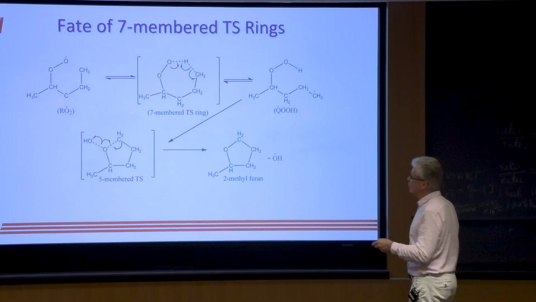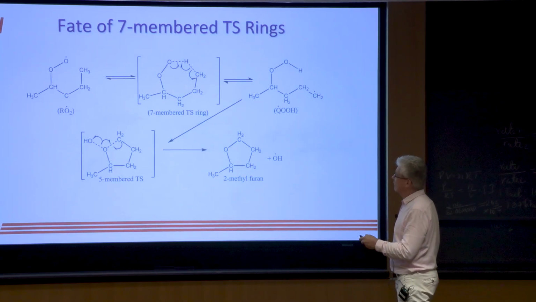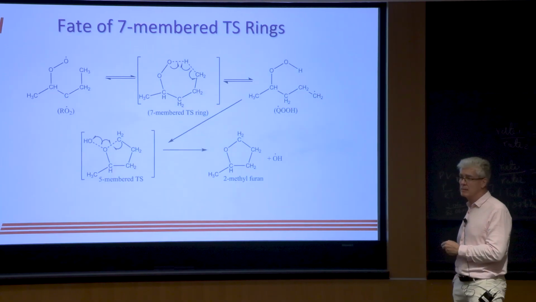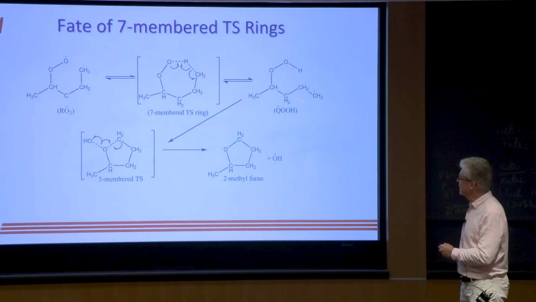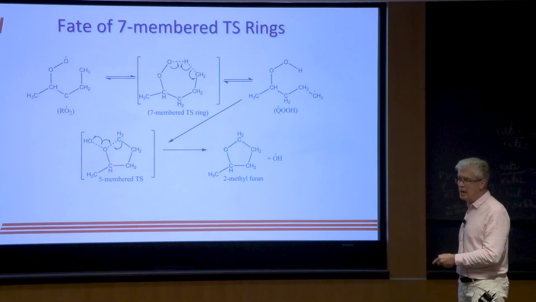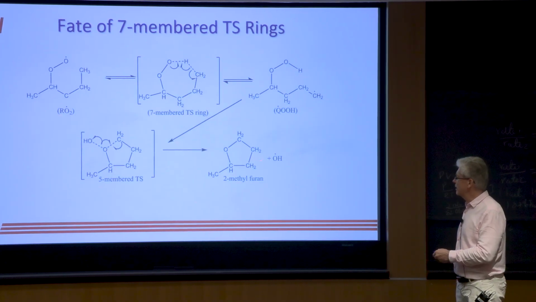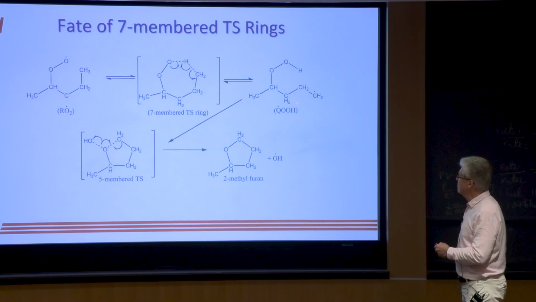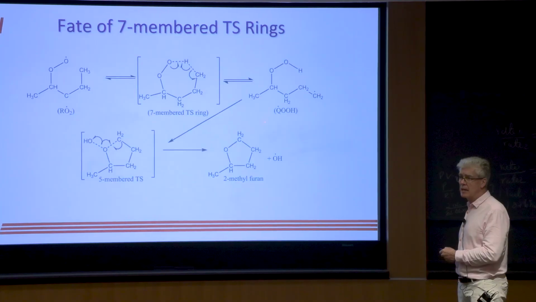And then 7-membered rings, you have the 7-member transition state ring. Again, you get the hydroperoxy alkyl radical. But these hydroperoxy alkyl radicals have relatively low activation energy barriers to form these cyclic ethers plus OH. So typically, 7-membered ring hydroperoxy alkyl radicals go on to give you propagation.